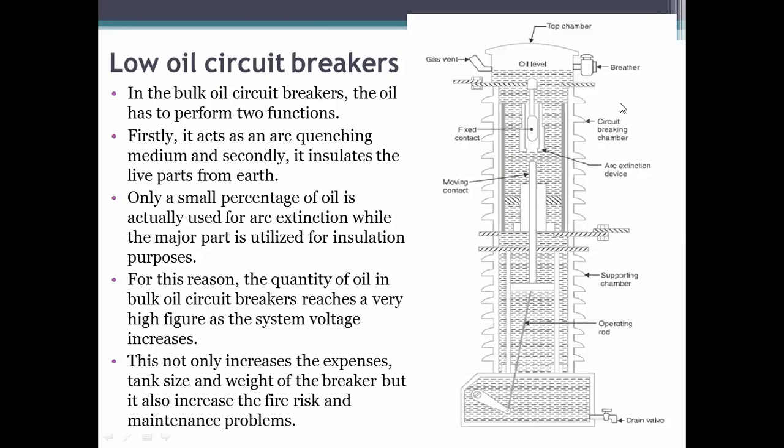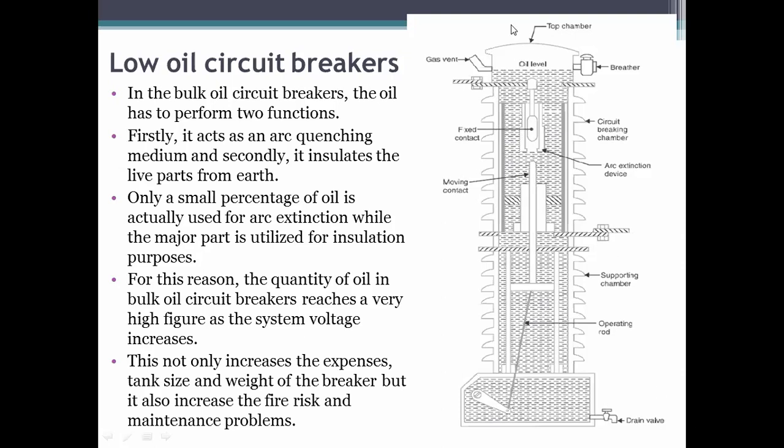Okay, now this is minimum oil circuit breaker or low oil circuit breaker. Name is saying that the oil used is less. Okay, so here it is having the fixed contact and moving contact. So you can see here, this is the fixed contact, and this one is the moving contact, and this is the operating rod. Okay, one is the operating rod which is used to close and open the contacts of circuit breaker.